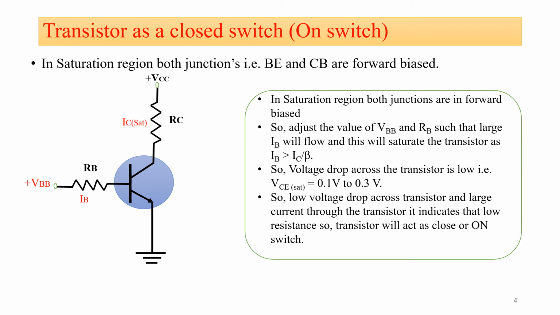So the transistor will act as a closed switch or on switch. Now this circuit shows that your transistor is working as a closed switch or on switch, and this is how to operate our transistor as a closed switch or on switch.